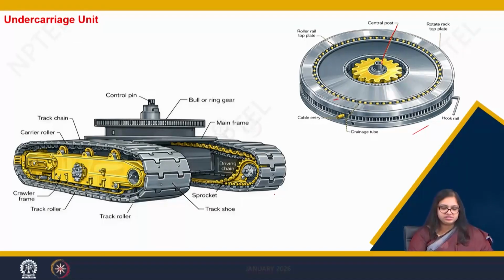So, I have discussed this in the last slide, where there is a main frame of the crawler unit, and then this is the crawler frame, these are the track rollers, these are the sprockets, this is the tensioning arrangement that helps in tensioning of the sprockets to keep the track shoes always in tension for their smooth and efficient operation.